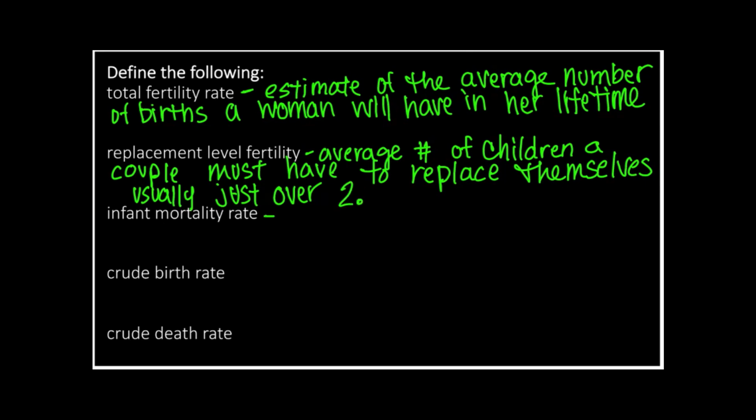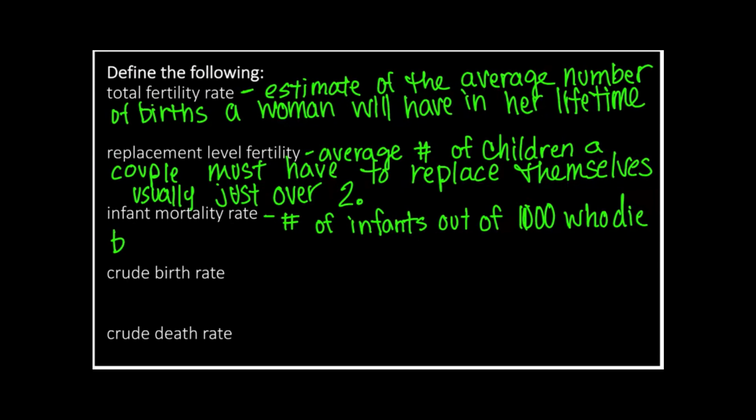The infant mortality rate is the number of infants out of 1,000 who die before their first birthday. It's a sad term. Again, it's going to be different for different countries. Typically, more developed countries have a lower infant mortality rate than less developed countries because they have better medicine and care for pregnant women and things like that.